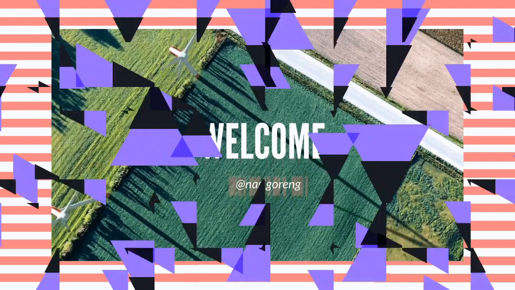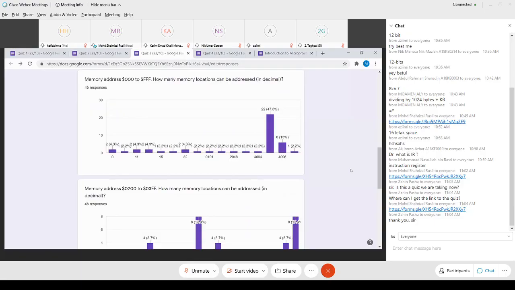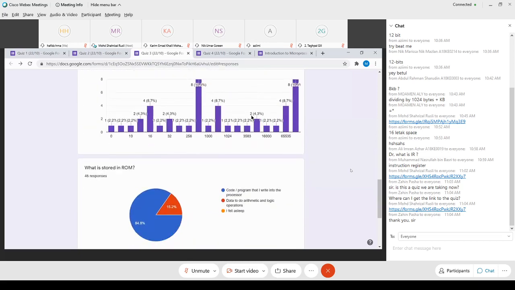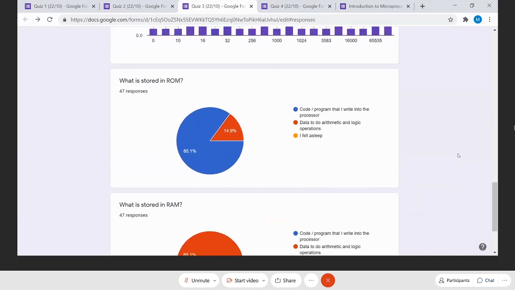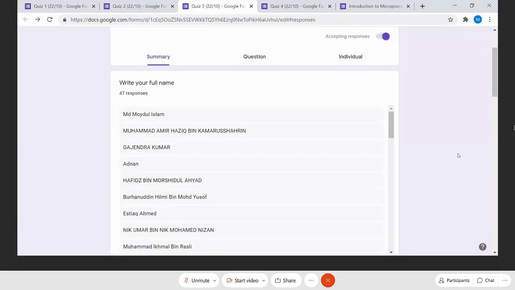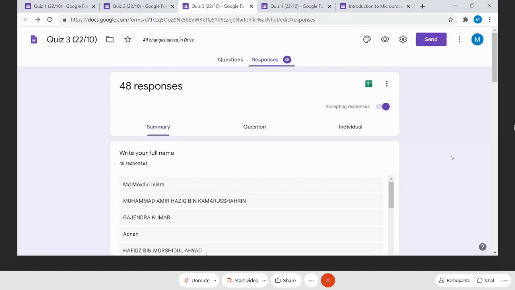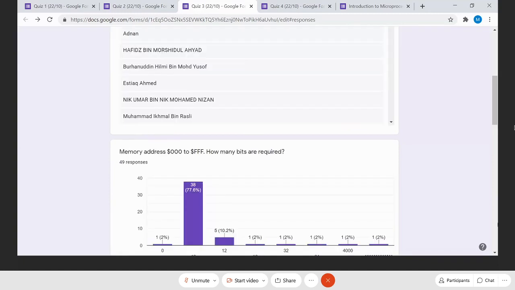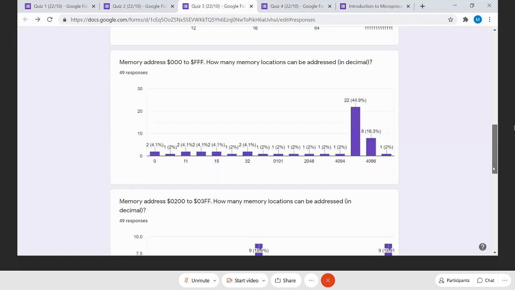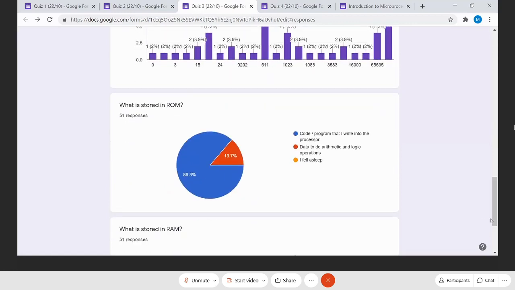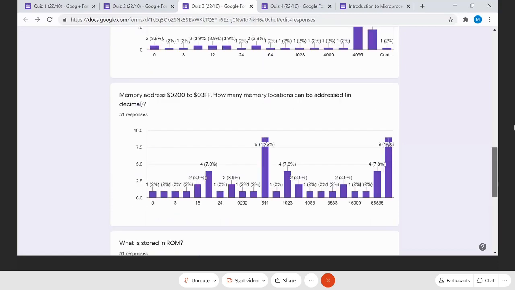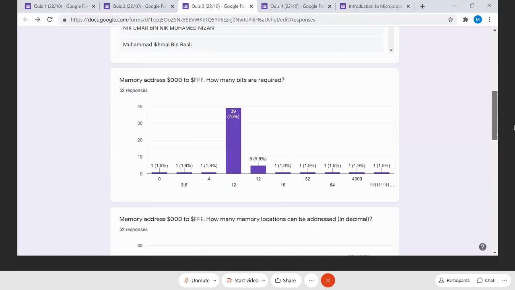Sekejap. 47 now. Please, please, please. More. 49. Locking in.